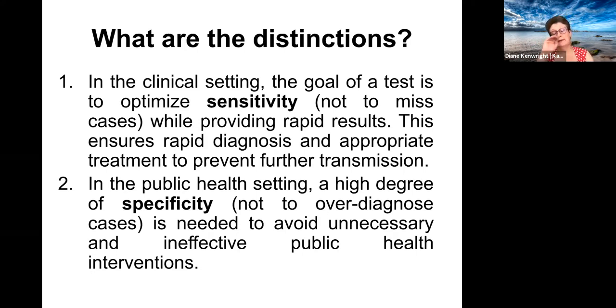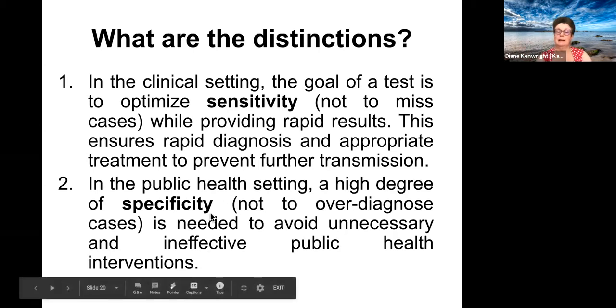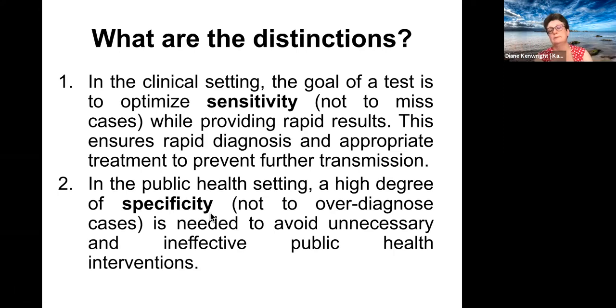So we want to give it that antibiotic to prevent any further damage happening, okay? In a public health setting, we want specificity because we don't want to isolate all these people. And of course, sensitivity and specificity can have a trade-off.